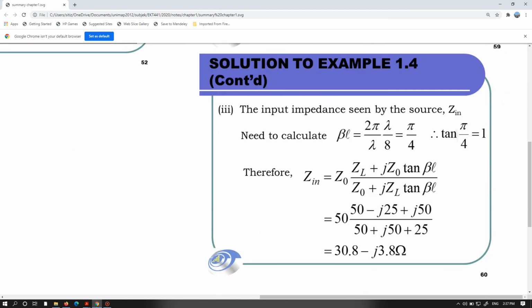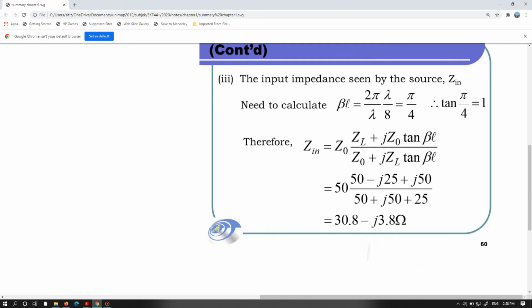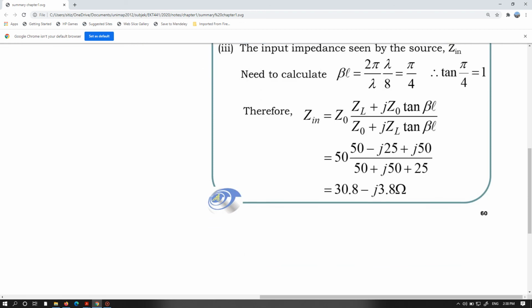Okay, and then lastly is the input impedance. So just substitute the values. We have length equal to lambda over 8. Beta is equal to 2 pi over lambda. You can cancel out the lambda, then you get tangent pi over 4. Substitute in this equation, then you get the Zin.